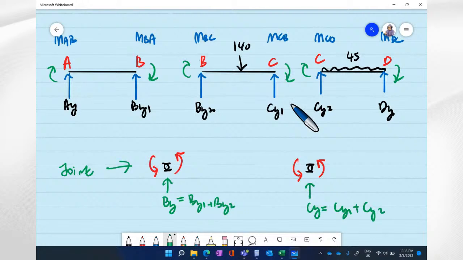And the moment is always opposite. Remember the concept: the joint moment is opposite with member end moment.